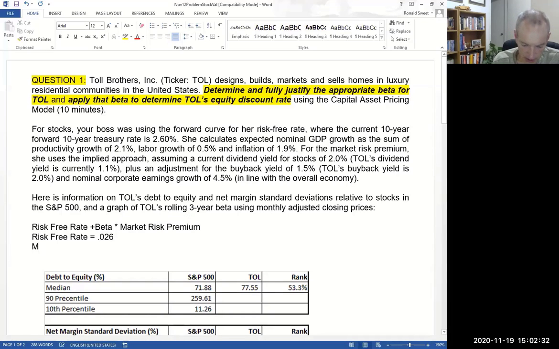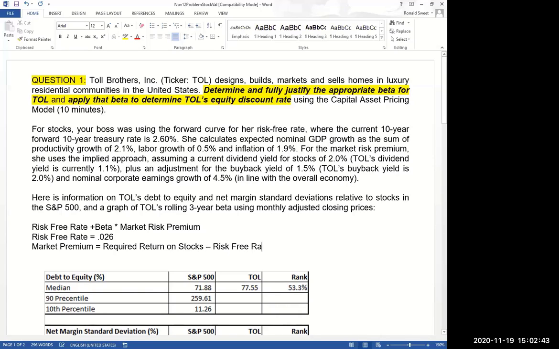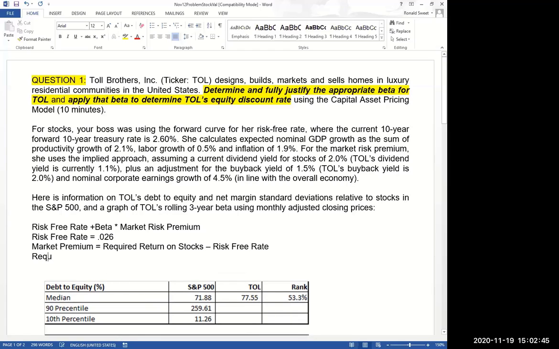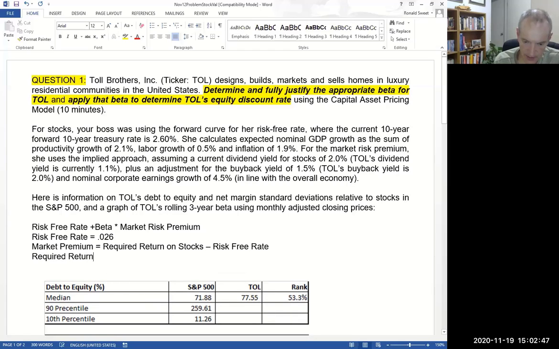Then we got to get the market risk premium. The market risk premium is going to equal the required return on stocks minus the risk-free rate. We're going to say that the required return on stocks equals the expected return on stocks. We're using the implied approach.